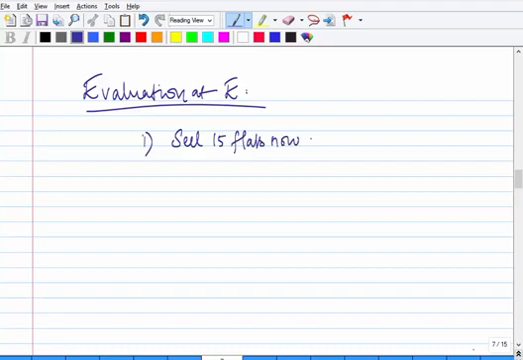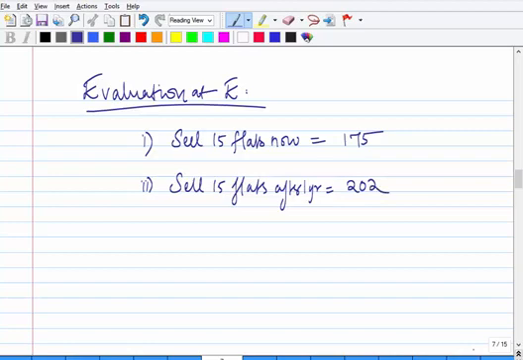If all those 15 flats are sold now, the net benefit is 175. The alternative is sell 15 flats after 1 year, in which case the net benefit is 202. And in a decision alternative you have to select the best, the highest. So the decision is sell after 1 year, in which case you will get 202 lakhs.